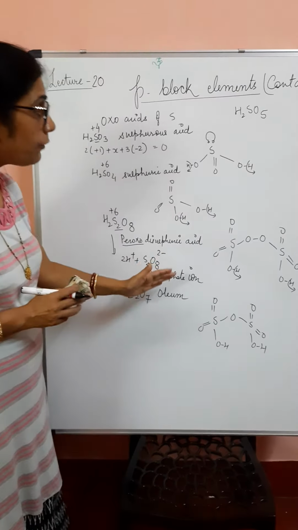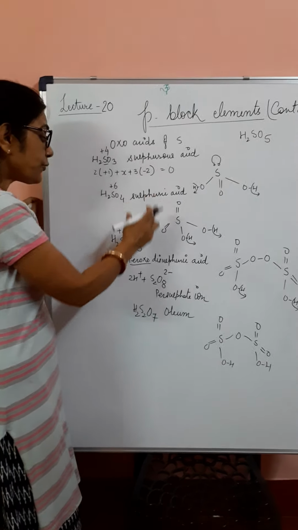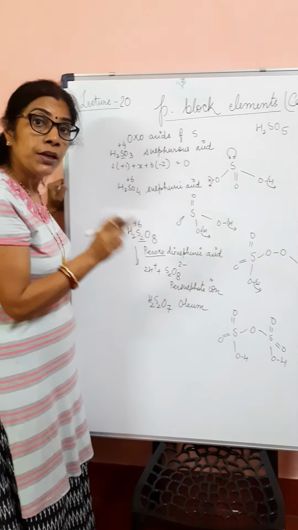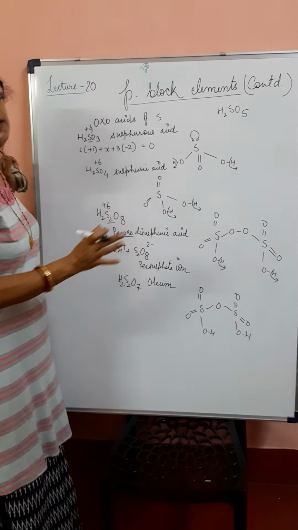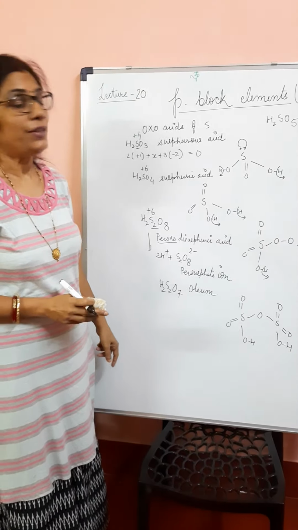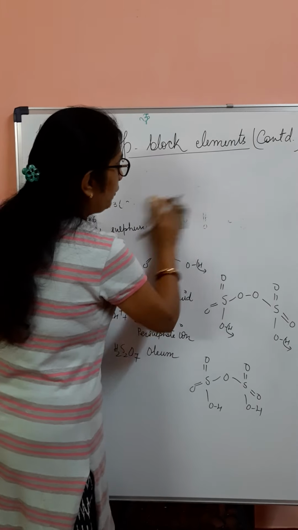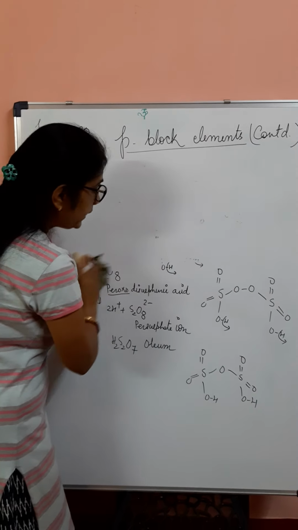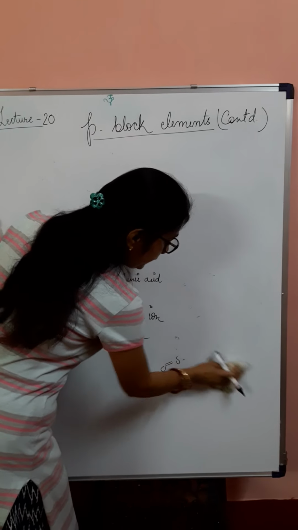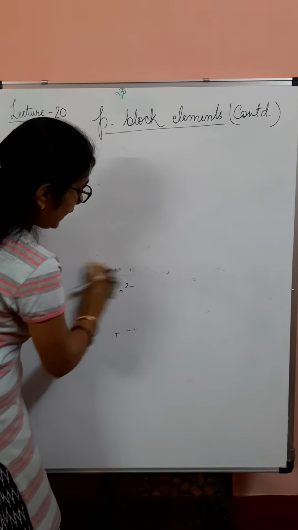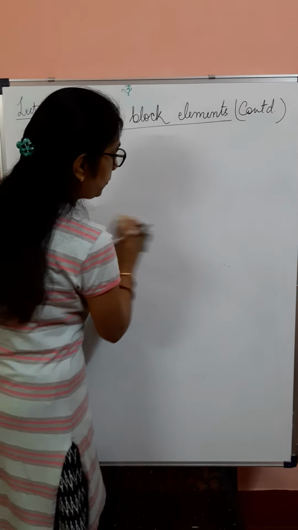These are the list of oxo acids, and for each oxo acid, their name, commercial name, oxidation state, basicity and the structure. This is important. So all of you learn the structures, oxidation state, their name and basicity of oxoacids.